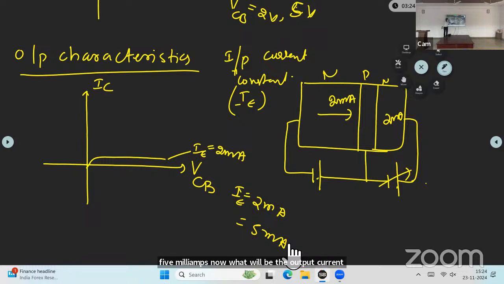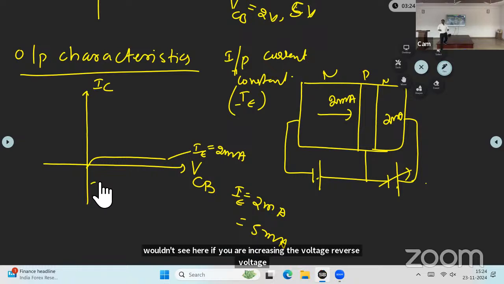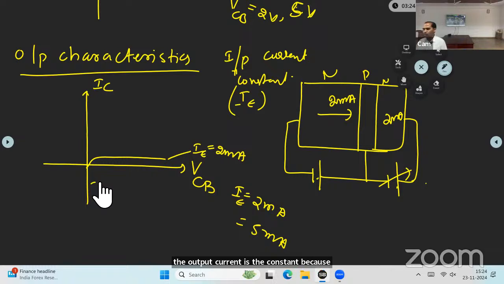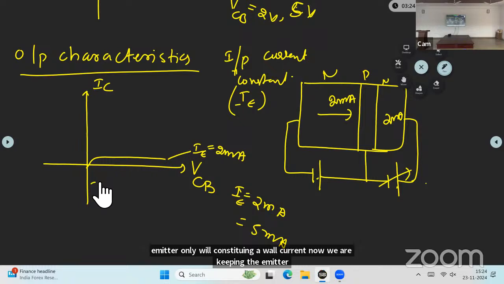You can see here, if you are increasing the reverse voltage, the output current is constant, because the input we are keeping constant. The input current only will be present in the output circuit also, because the emitter only constitutes the whole current.